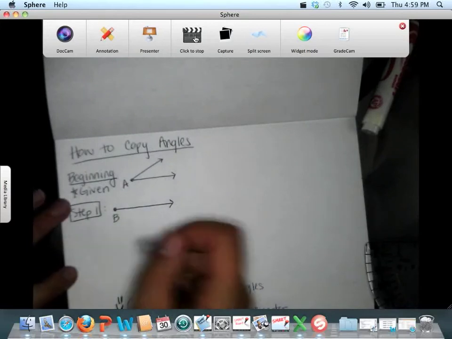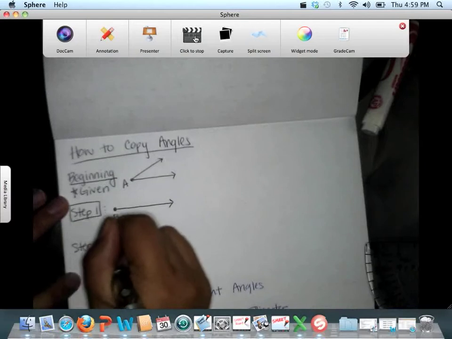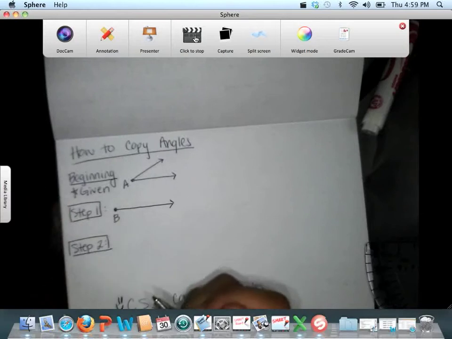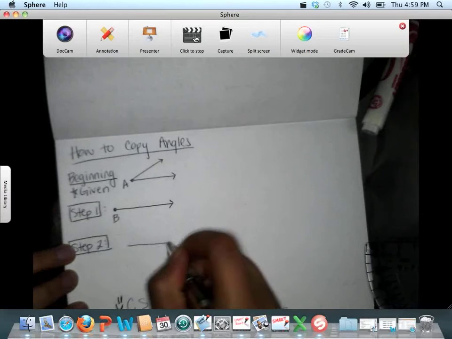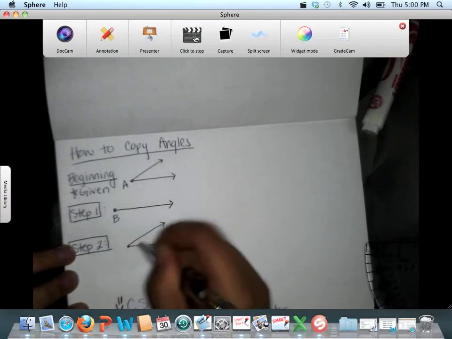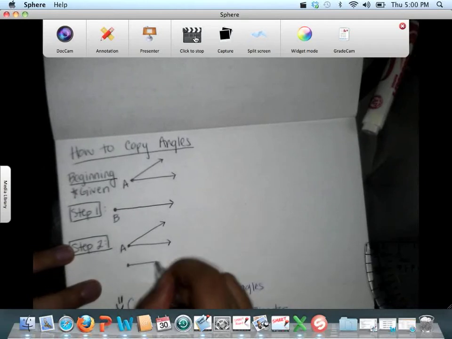Okay, step 2. You take your original angle, so let me draw it again. It was called A, and you're going to need your original line that you now have.